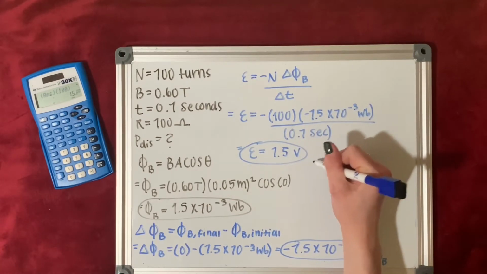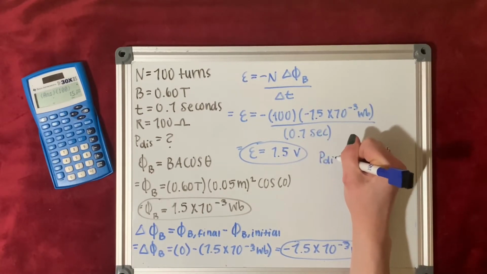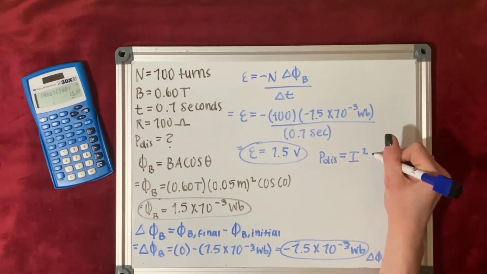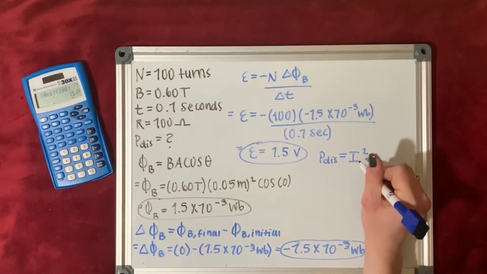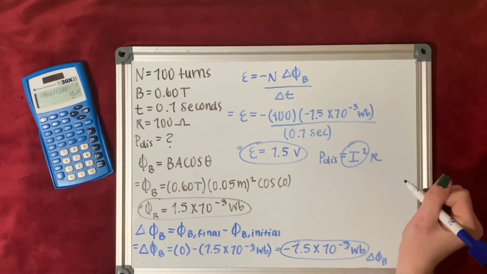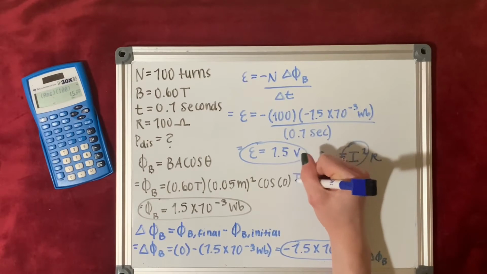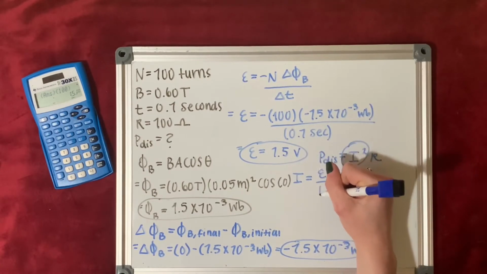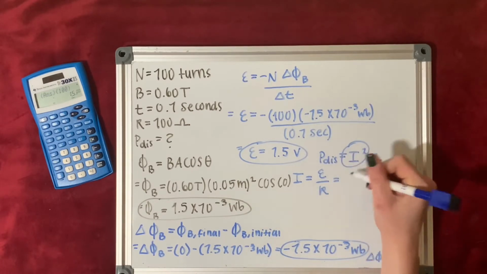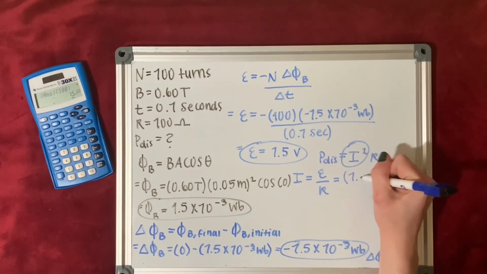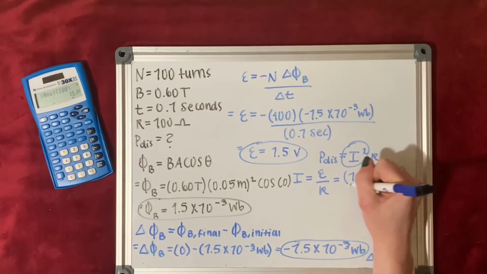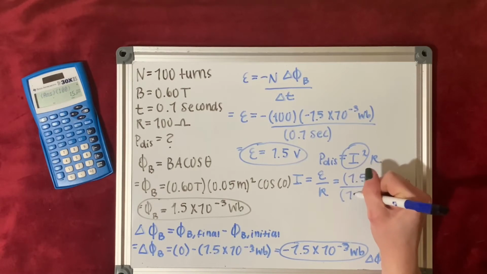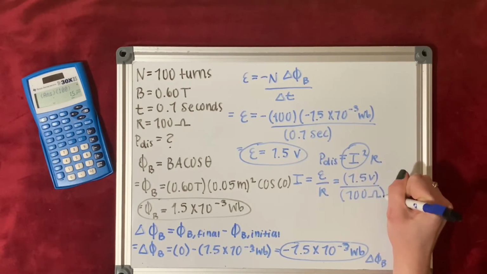We ultimately want to use the formula P dissipated equals I squared R to find the power dissipated. But before we do that, we have to find I, which is the current. To do that, we'll use I equals epsilon over R. Plugging in our values, we get 1.5 volts divided by 100 ohms.